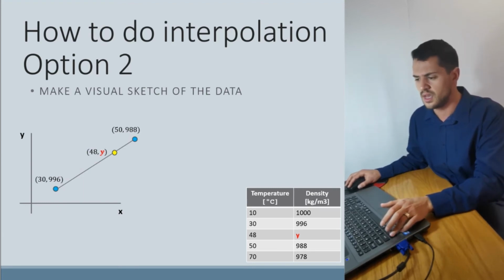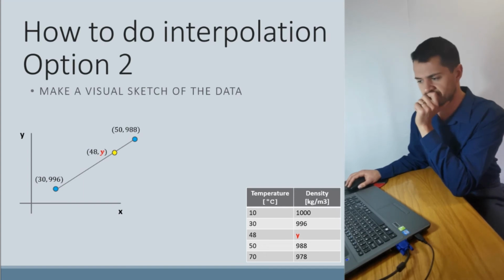So I need to plot the point of 50 degrees and 988 kilograms per cubic meter, as well as the data point of 30 degrees Celsius and 996 kilograms per cubic meter, which means that our unknown data point is actually in between.